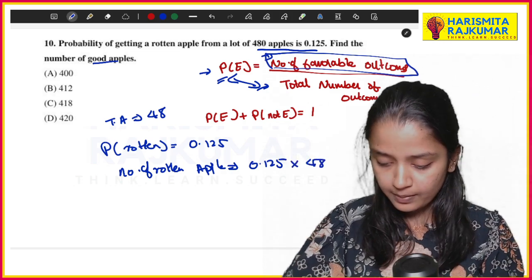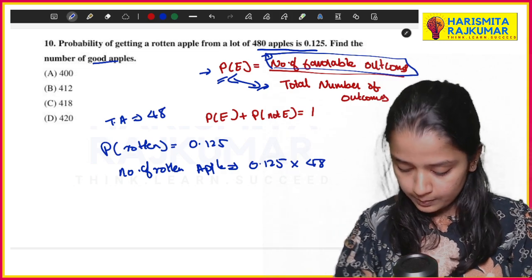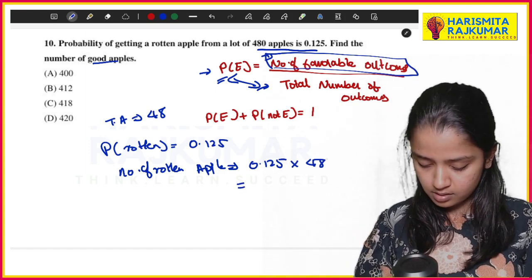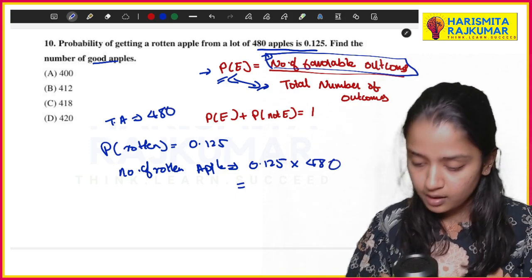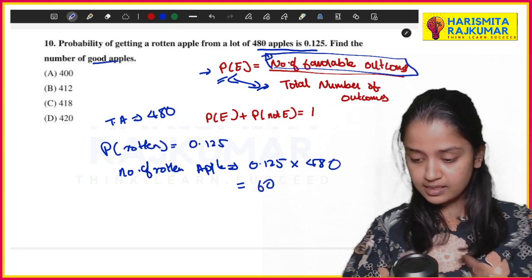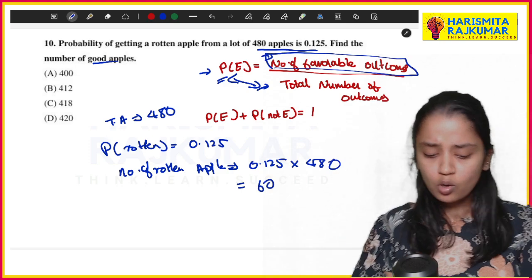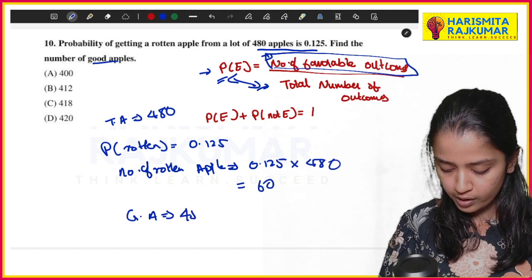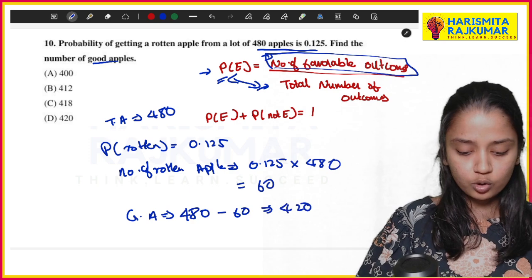When I multiply, I get the answer as 60. So the rotten apples are 60. The good apples will be 480 minus 60, which is 420. That will be your good apples.